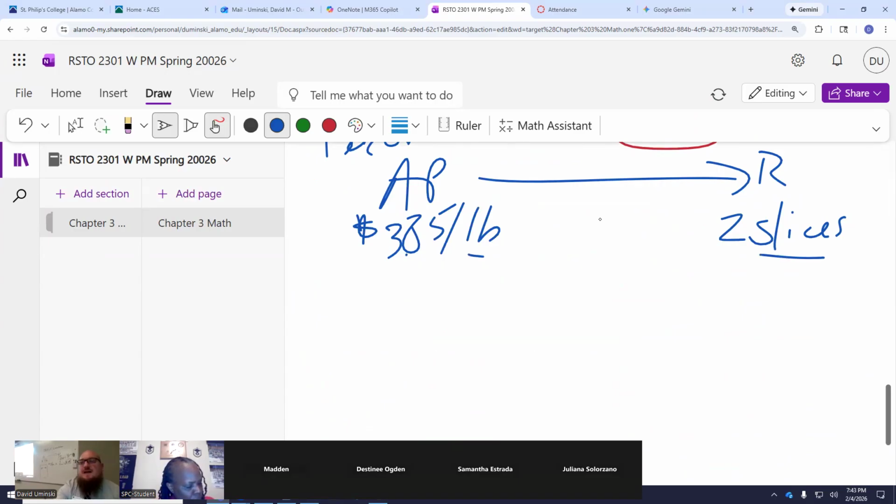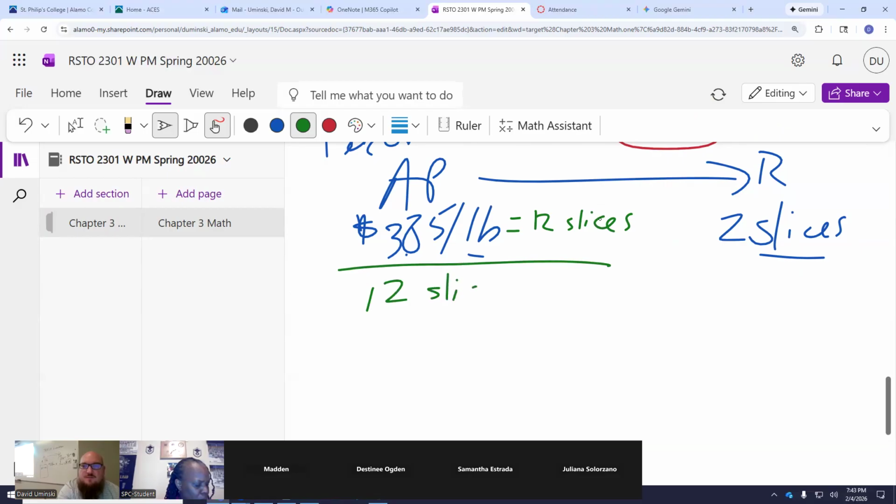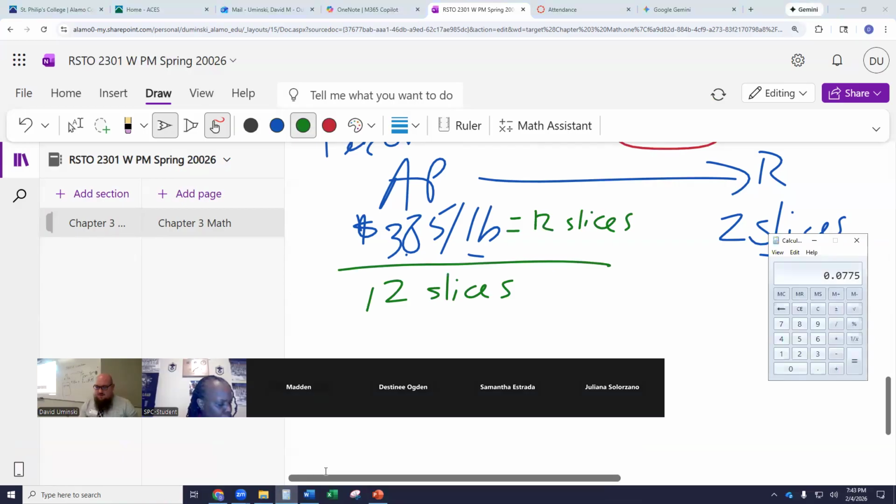Do my units match, pounds and slices? No. But up at the top, you can't see it, but it says 1 pound is equal to 12 slices. So I can divide this by 12 slices. $3.85 divided by 12 is what? 33 cents.